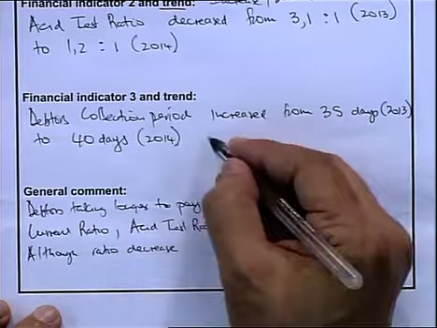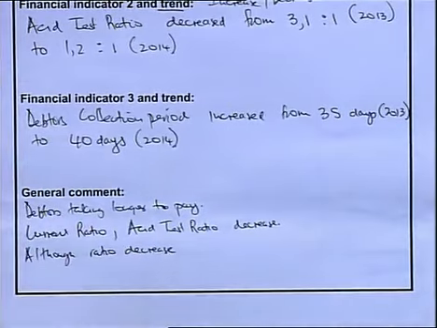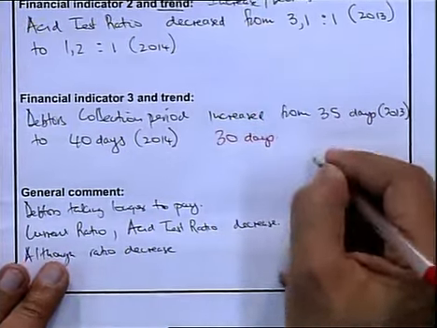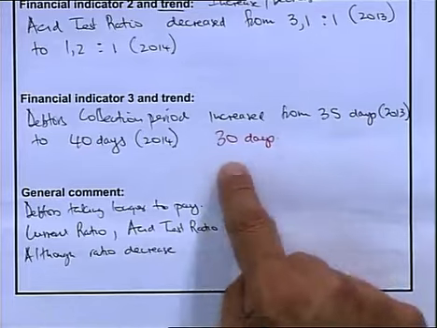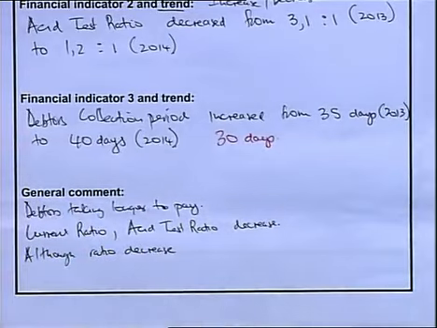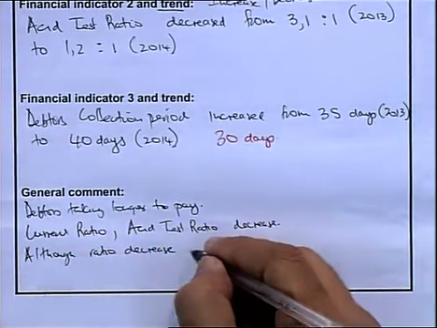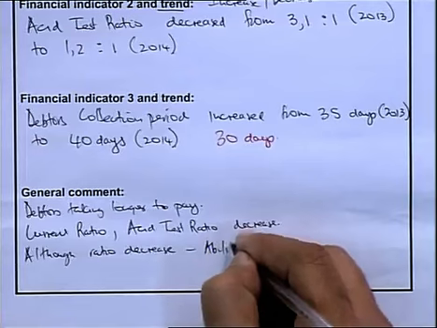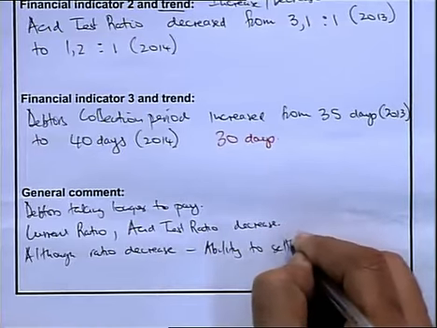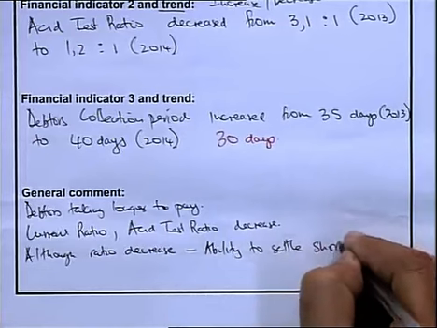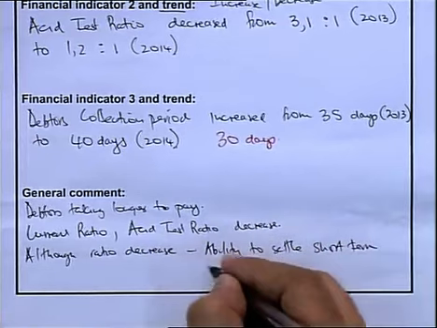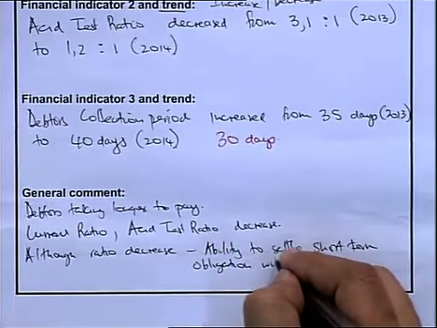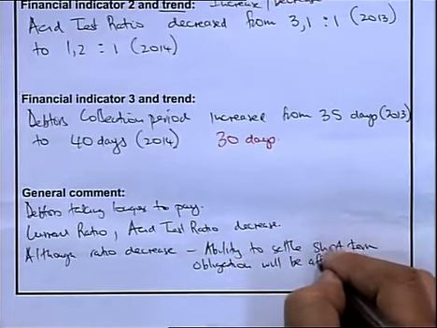You must encourage debtors normally to pay their account after 30 days. Debtors are supposed to pay their account after 30 days. Okay? So that's a negative trend. Okay? So you must make sure. So there's a decrease. So the ability to settle the short-term debt or short-term obligations will be affected.